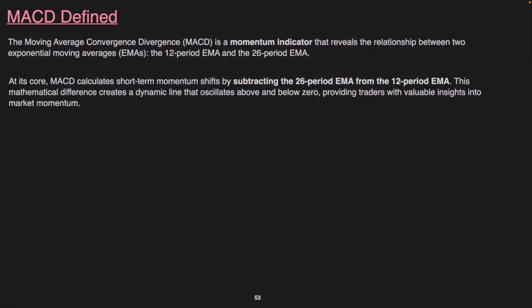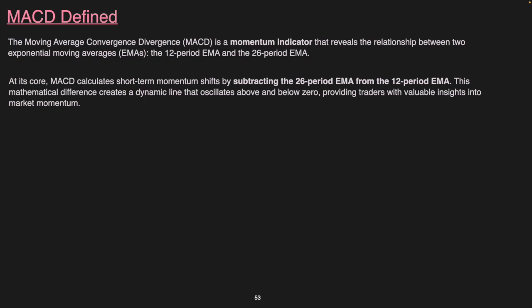Now, whenever you take the MACD value, it has to be read with reference to another reference signal. So, how do we get this reference signal? This reference signal is called the signal line. This signal line is calculated using the 9 period moving average of the MACD values.